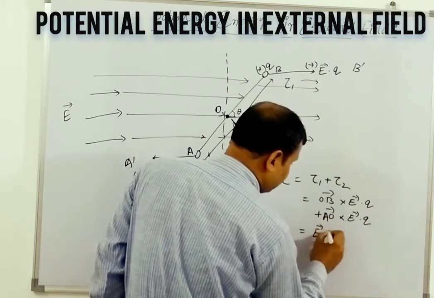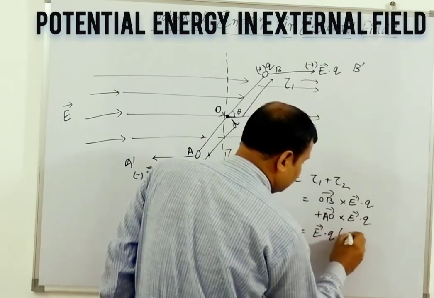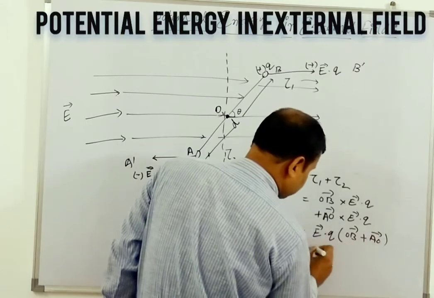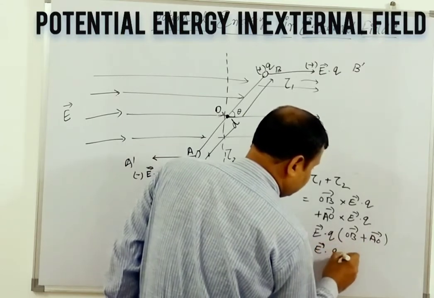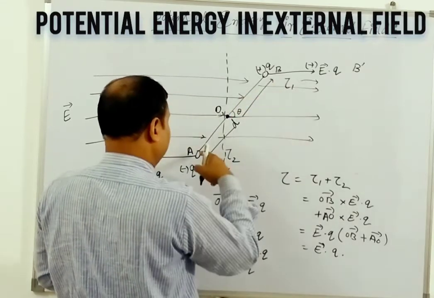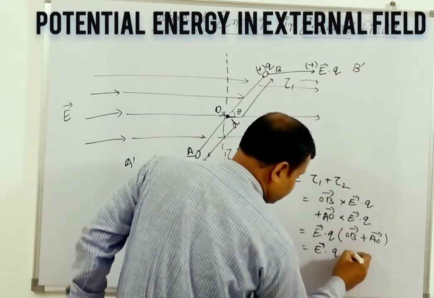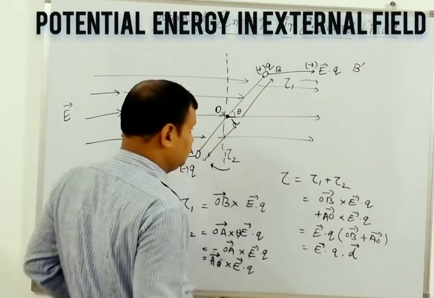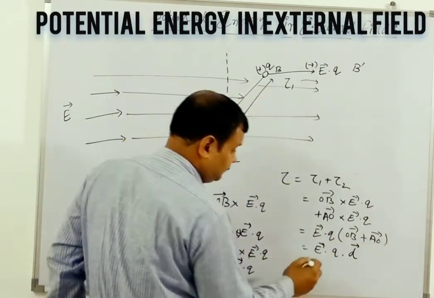You just take common of E and Q, then OB vector plus AO vector. So this is nothing but the E and Q, and AO plus OB. So this is nothing but the D, the total length of the dipole.